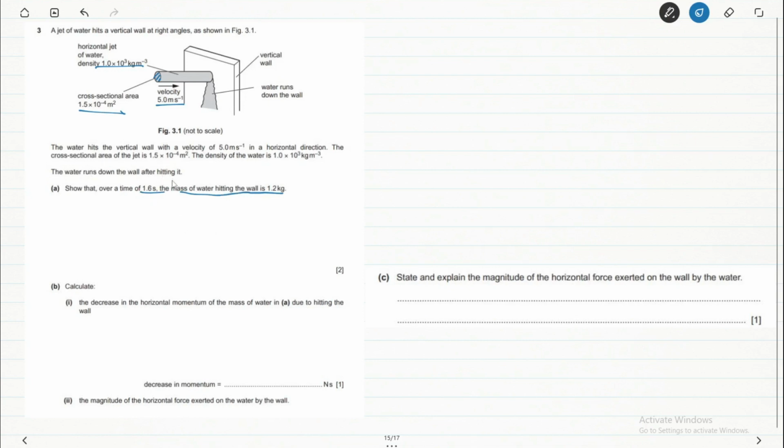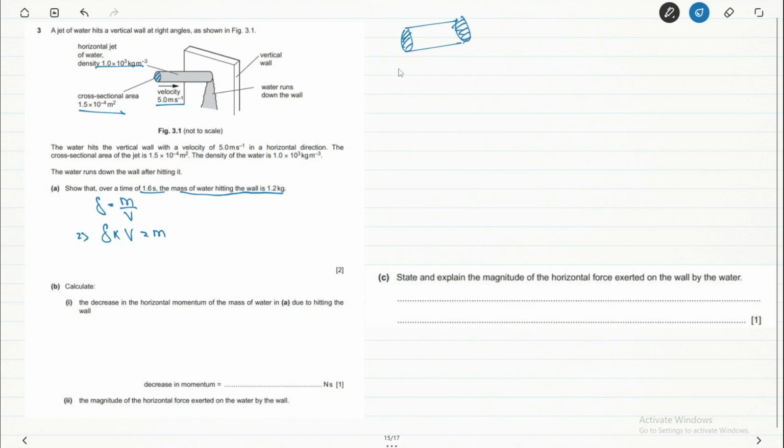So the first thing you need to realize is this is the formula you need to apply to get the mass, right? Density times volume is equal to mass. Now we know the density of the water, but we don't know the volume. So let's draw a structure here so it's very clear to you guys. This area right here is a cylinder, right?